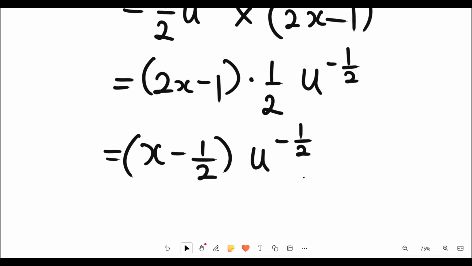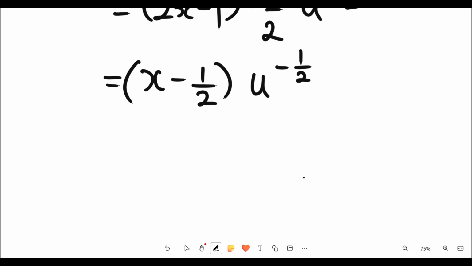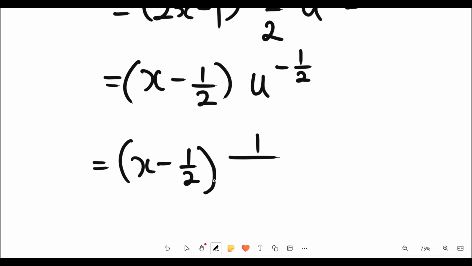So we continue to simplify. Now we should know that u exponent negative half can be written as 1 divided by u power half. So we have x minus half in bracket multiply 1 divided by u exponent half.